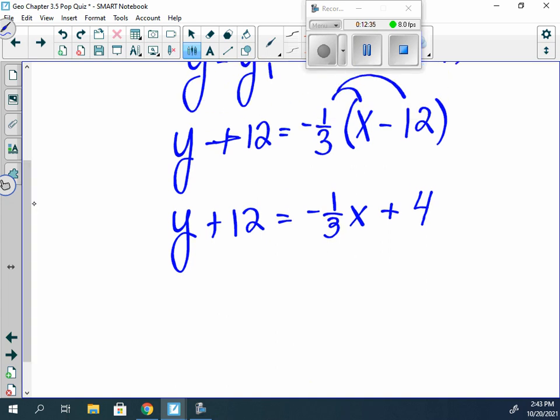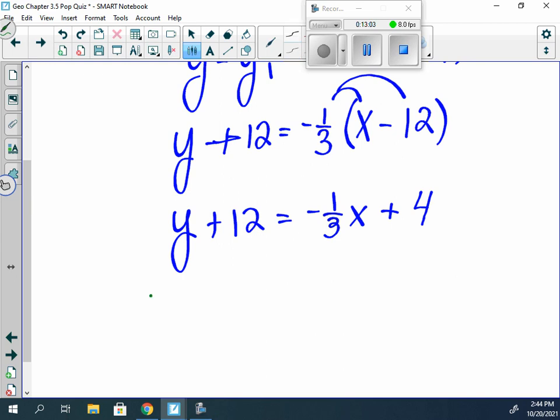It's not a negative 12. Because negative 1/3 times negative 12. Yep. Because if we dealt with it as positive 12, we would have minus negative 4, and that negative and negative would give us a positive. Either way, it will work out.